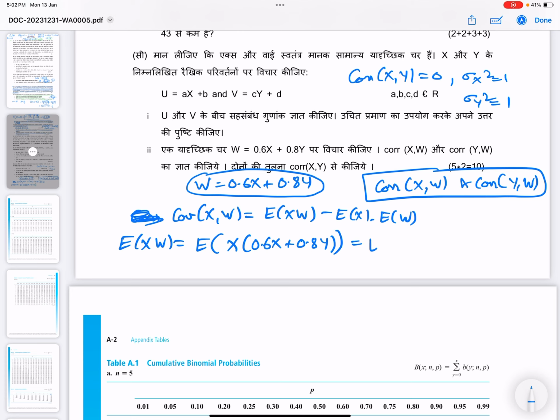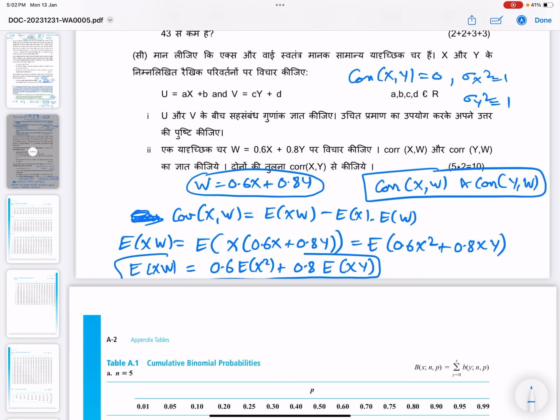So this would be expected of 0.6 X square plus 0.8 XY. Now taking expectations inside, we'll have 0.6 expected X square plus 0.8 expected XY. So this is expected XW.